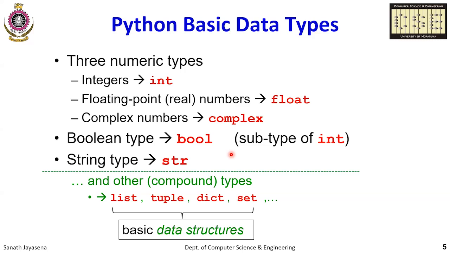The compound or composite data types, for example lists, tuples, and so forth, can be considered as basic data structures that are provided by Python, as built-in. So they're available for us to use. But if you want to do more complex things, programmers can always create new data structures, right?